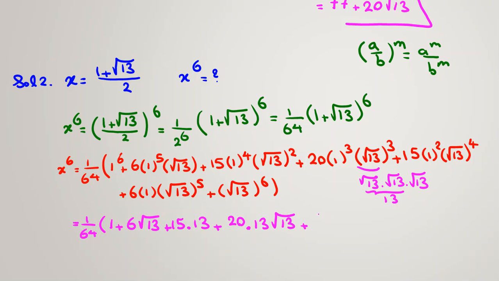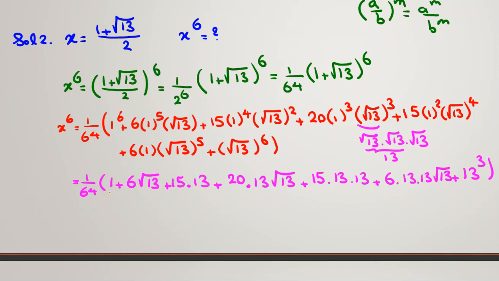The next one is 15 times 13 times 13. Next is 6 times 13 times 13 times root 13. And the last one is 13 cubed.